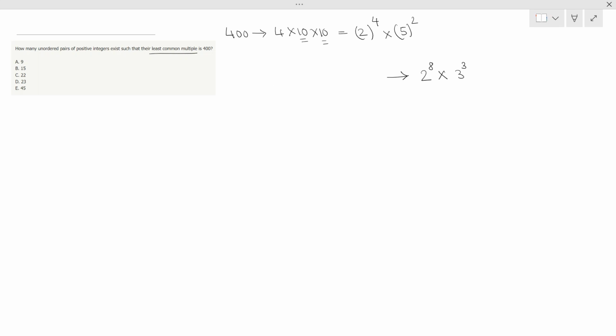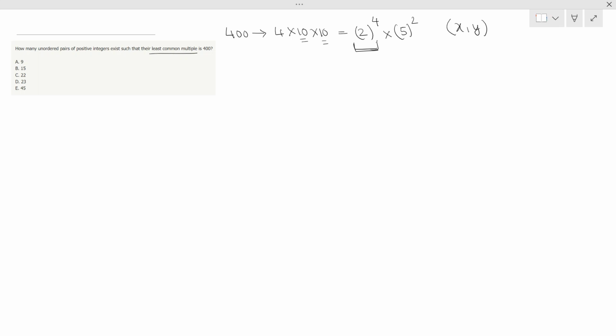So in this case, we can say that out of the two numbers in a pair, let's take x and y as those two numbers, either x or y or both have 2 raised to the power of 4 in its prime factorized form.